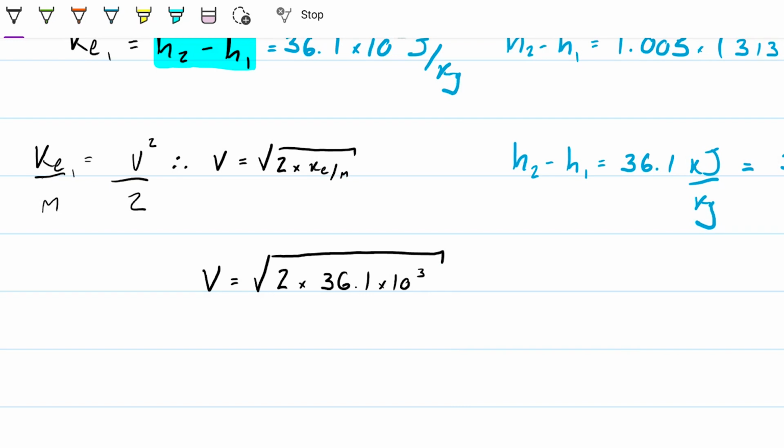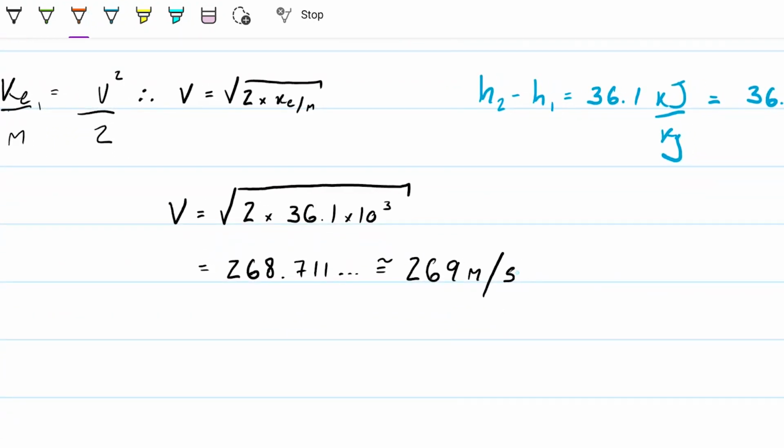And I'm taking the square root of this, and this gives me 268.711, and it keeps going. So let's go ahead and approximate that to 269 meters per second. That's the inlet velocity that's entering my diffuser.